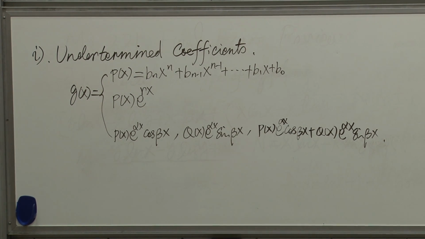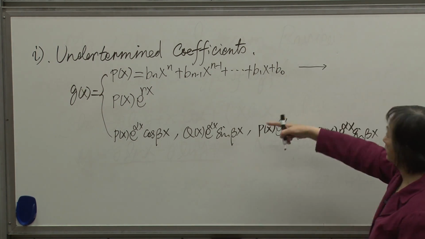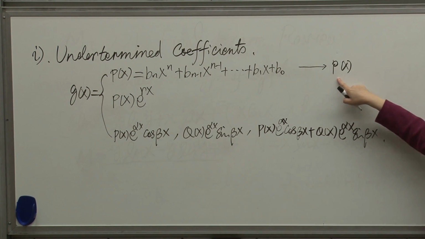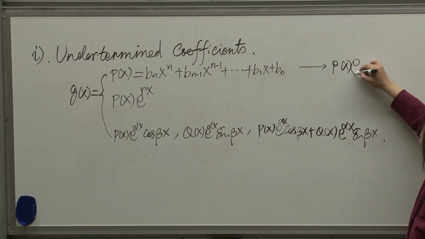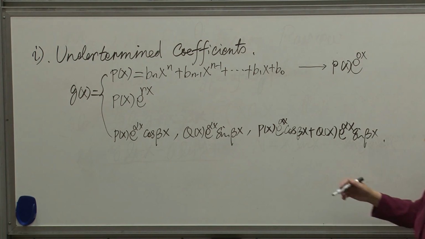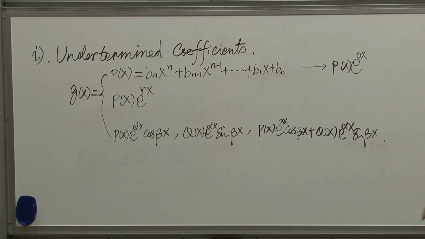The first case is a special case of the second case, because we can regard the first case as p of x times e^(0x). That means when r equal to 0, we get the first case. So what would be y_p of x?